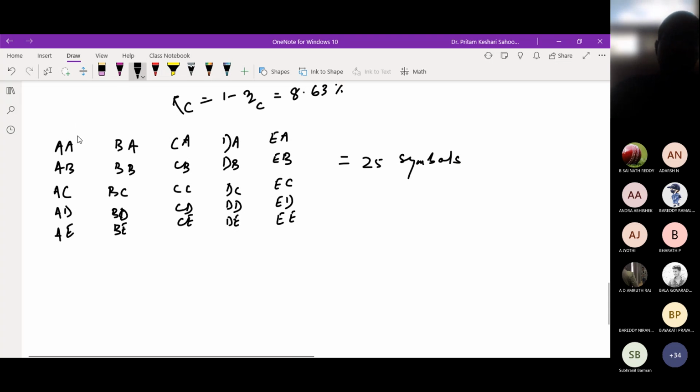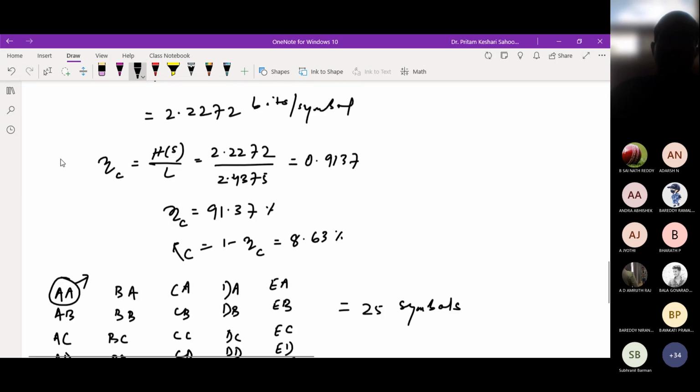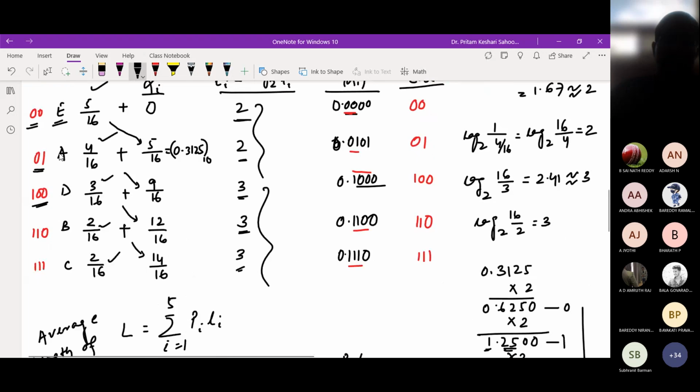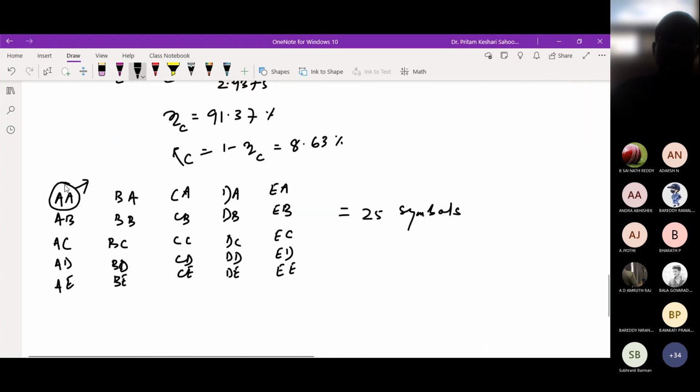And we also can find out the respective probability of the symbol which we have represented by AA. So how we can do it? You see here, the symbol A is having probability 4 by 16. So 4 by 16 means 1 by 4. So A is having probability 1 by 4, and this A is also having 1 by 4. So 1 by 4 times 1 by 4, if you multiply, you will get 1 by 16.